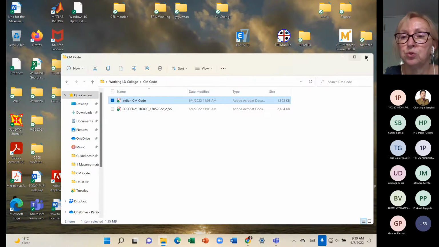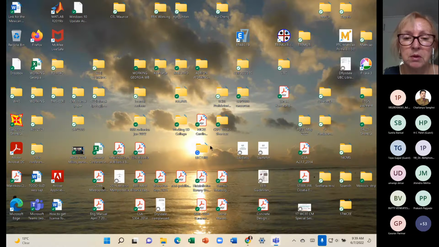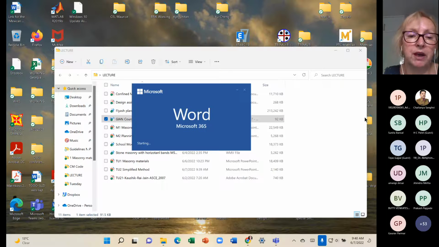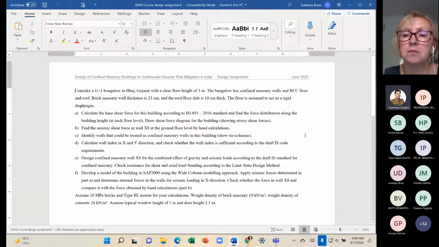So I will look at the assignment, which I believe Professor Chaitanya Sangvi has shared with you by now. So it is a simple assignment. We actually initially wanted to give you a project. It is shared in the WhatsApp group. Yeah, in the WhatsApp group.